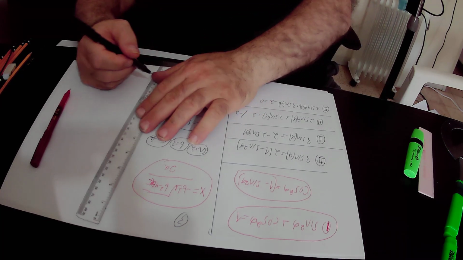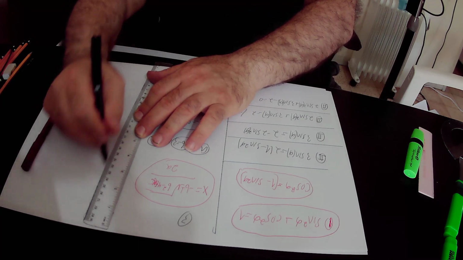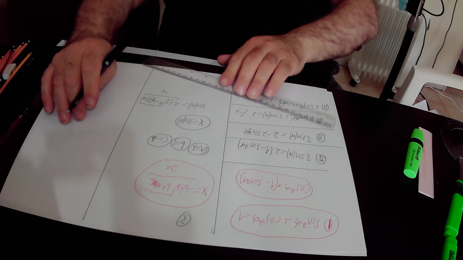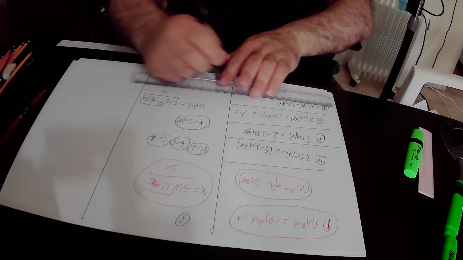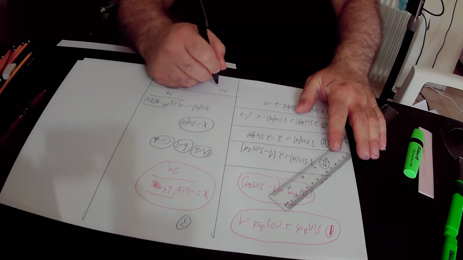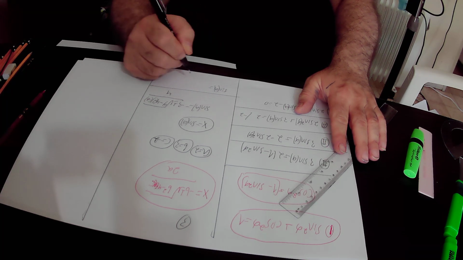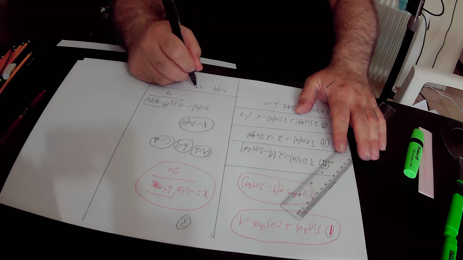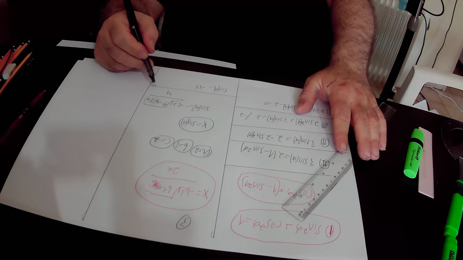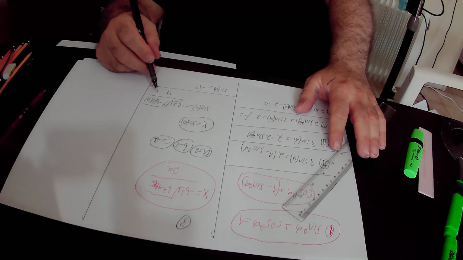So in conclusion, we found that sinus alpha equals minus 3 plus or minus the square root. Here, minus 4 times 2 is minus 8. Minus 8 times minus 2 is plus 16.